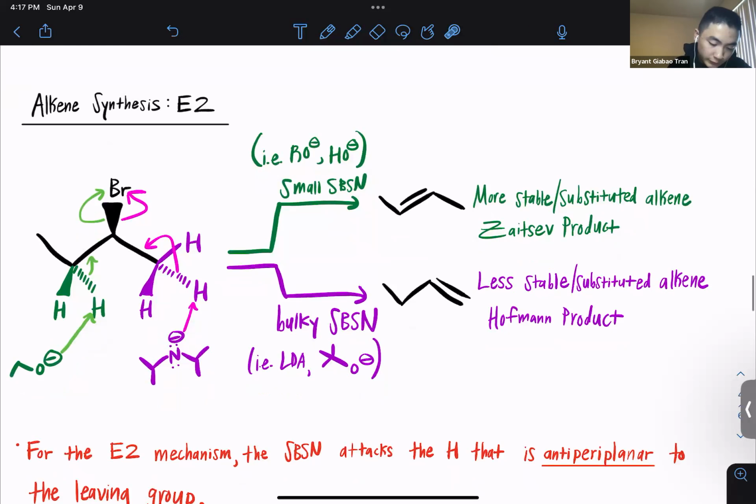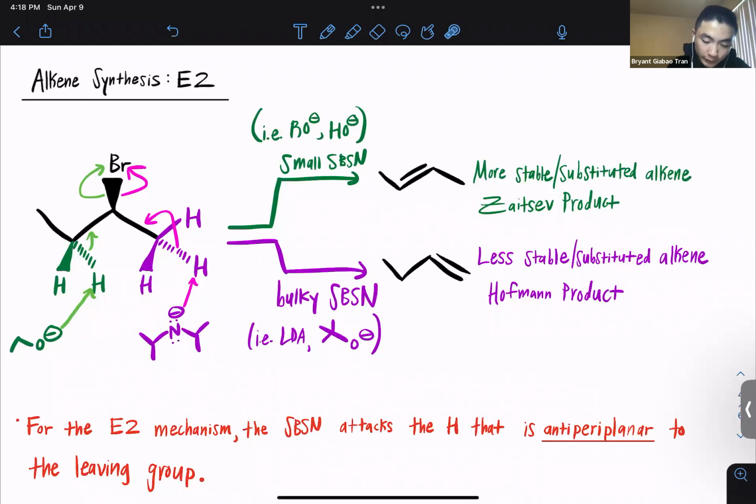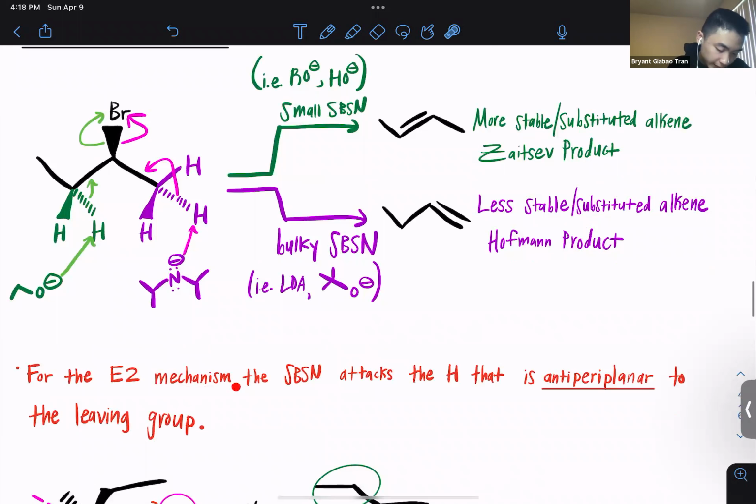So if we use a bulky base like LDA, then we have to grab the most available hydrogen that is anti-periplanar to the leaving group, forming our Hofmann product or the less stable, less substituted alkene. So for the E2 mechanism, the strong base, strong nucleophile attacks the hydrogen that is anti-periplanar or on the opposite side to the leaving group.